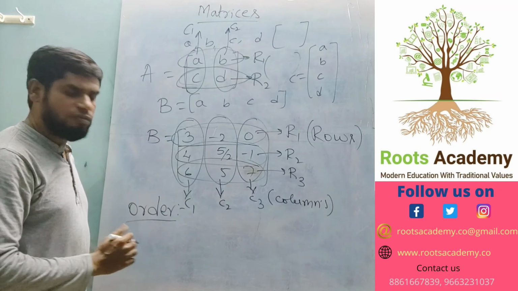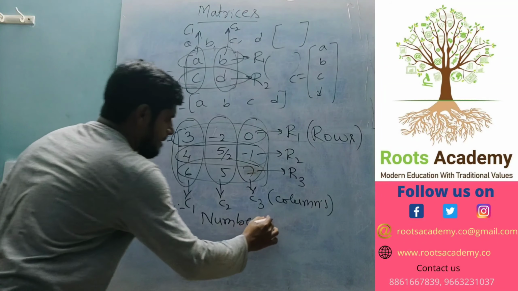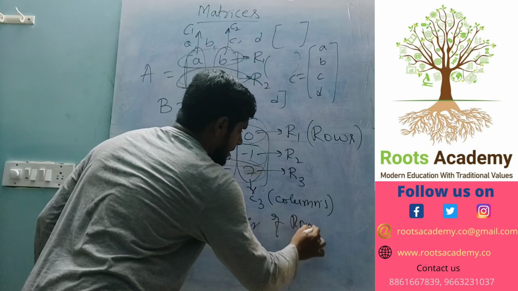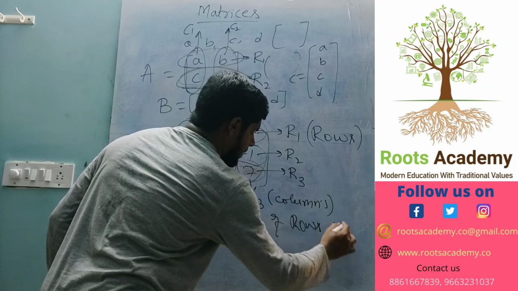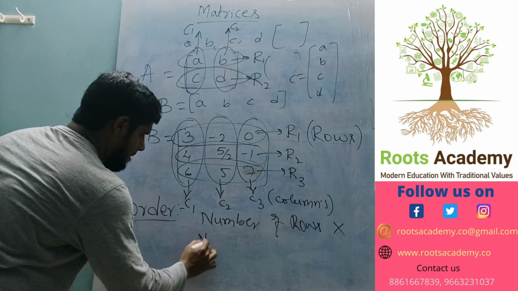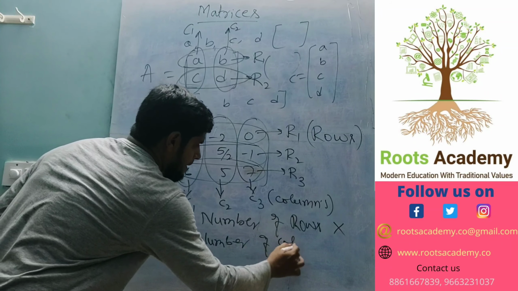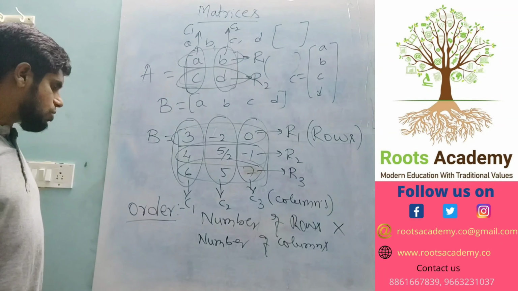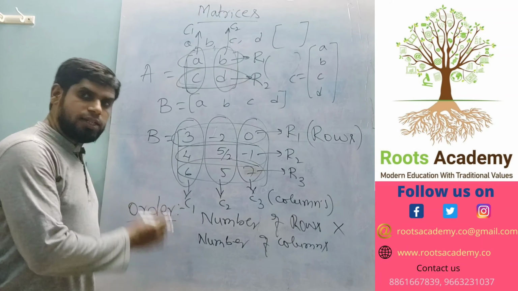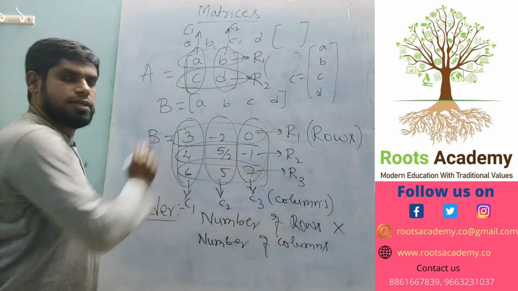That is the definition of order: number of rows into number of columns. So students, this order tells about the number of elements present in a matrix.